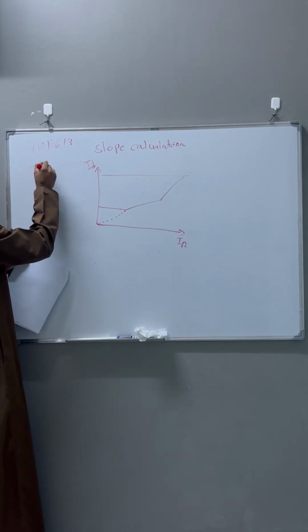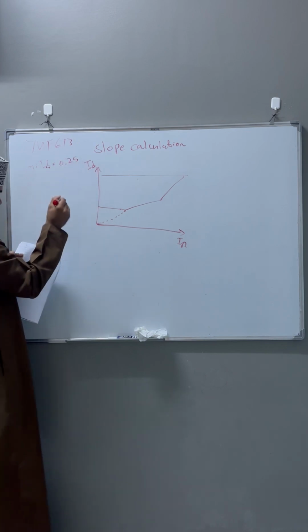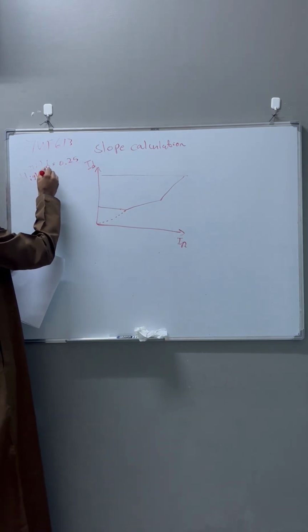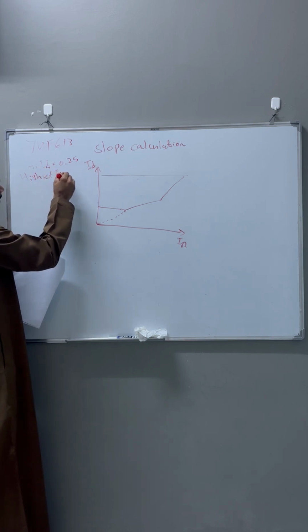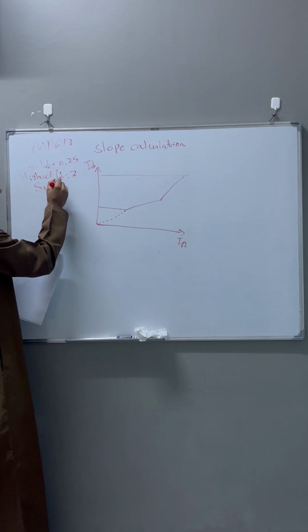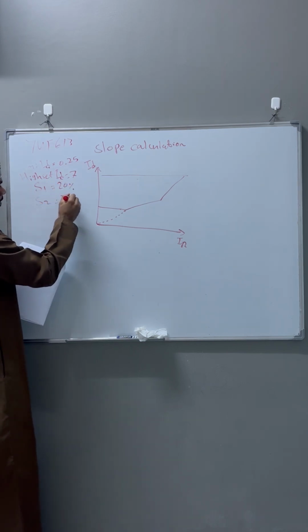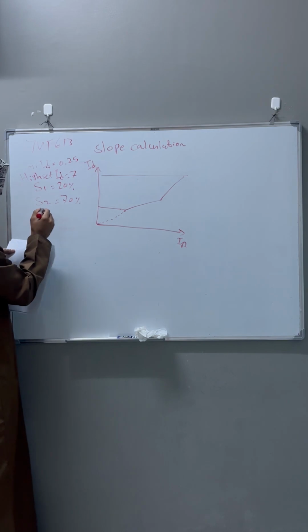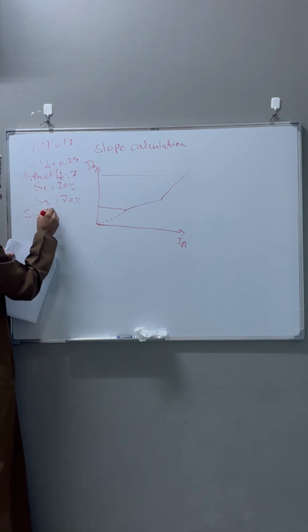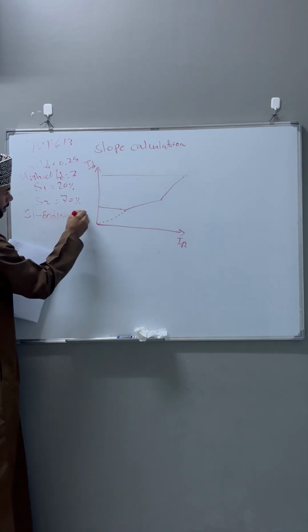Minimum differential current, they gave me 0.25, and high set differential, I differential 7. Also they gave me slope 1, it is 20%, slope 2, 70%, and they also gave me the slope 1 end point, equal to 2.5.